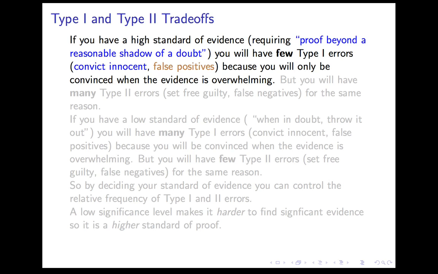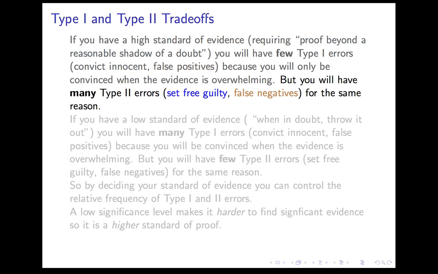To convict someone, you need to have uncontrovertible evidence. That's a high standard of evidence. That means you'll rarely have type 1 errors, right? You'll rarely convict an innocent person because you're only going to convict them if you're certain that they're guilty.